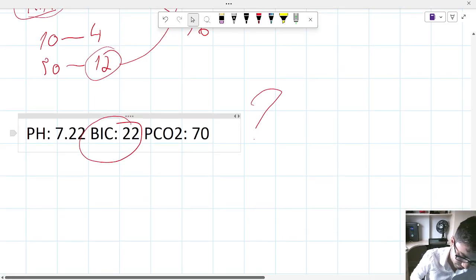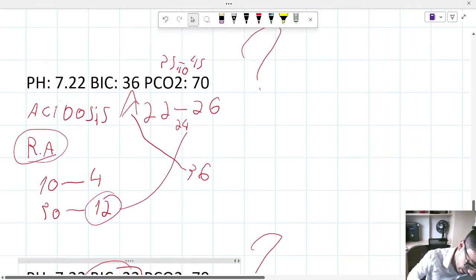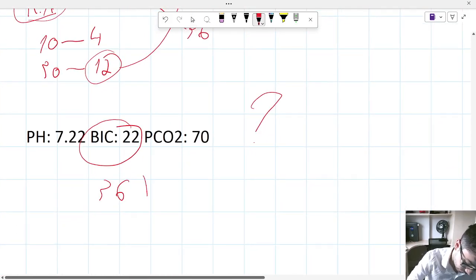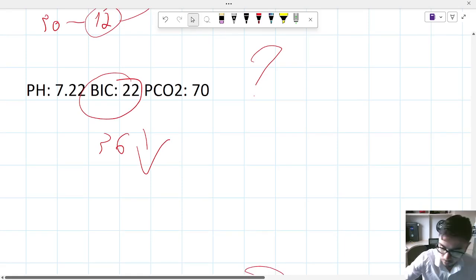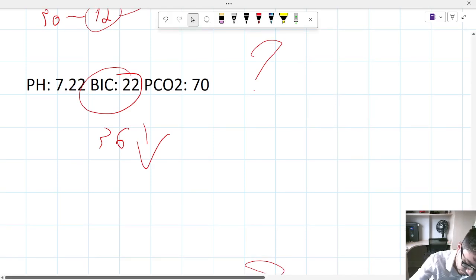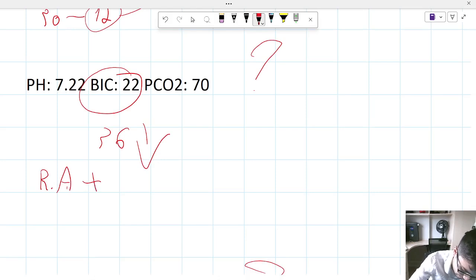It's 22. So we expected it to be 36, but it's actually lower. So with a lower bicarb, what happens? We'll go to the acidosis side. So this will end up being a respiratory acidosis with a metabolic acidosis.